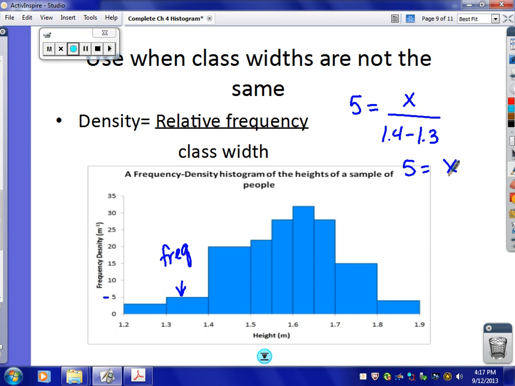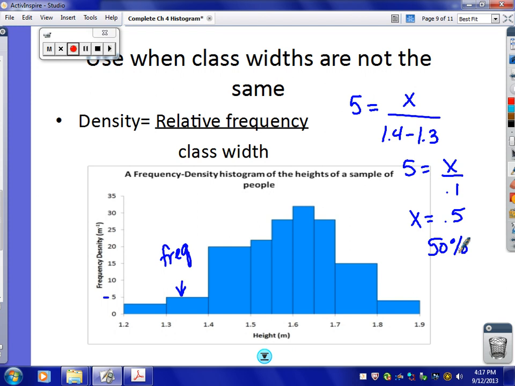So 5 equals x over 0.1. So x is equal to 0.5. That means that 50% of my sample size was in that class. Okay, so that's how we can go back to find relative frequency.